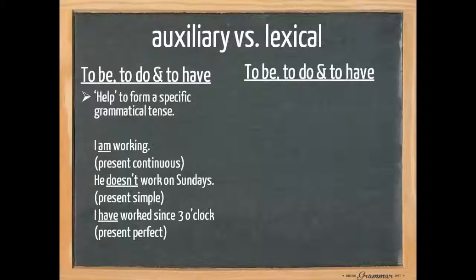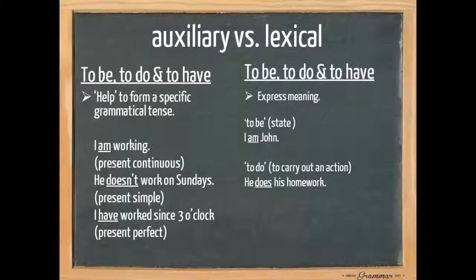In a lexical sense, they express a meaning, so a state, so for instance I am John, or to carry out an action, he does his homework. And finally, to own or to possess something, they have 2 sisters.